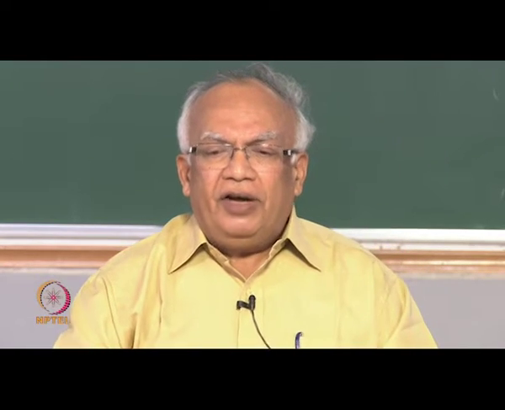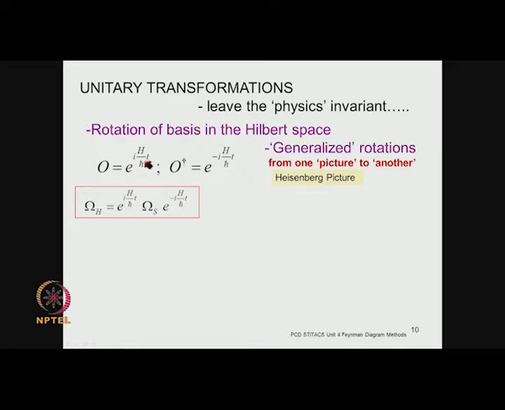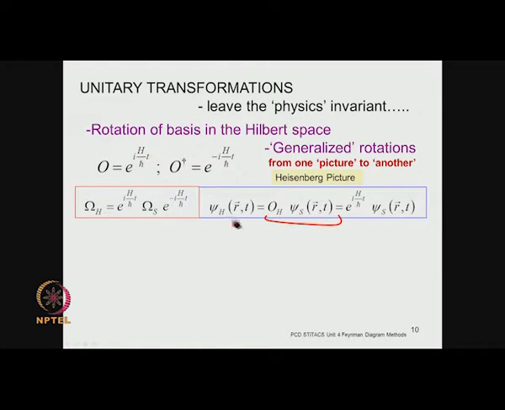So, you have a generalized rotation effected through the transformation operator O, which is e to the i H over h cross t, and the corresponding wave function, when you carry out transformation of the operators omega s to omega h, there is a transformation of the wave function psi s to psi h essentially through the same transformation, which is operator O, and because we are dealing with the operator O which effects the transformation to the Heisenberg picture, I have now added a subscript h over here.